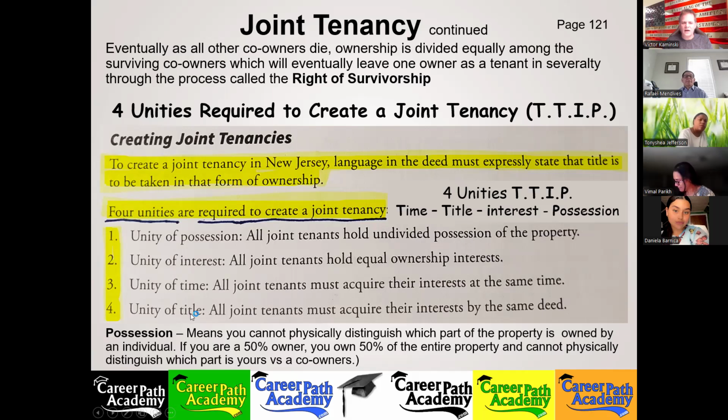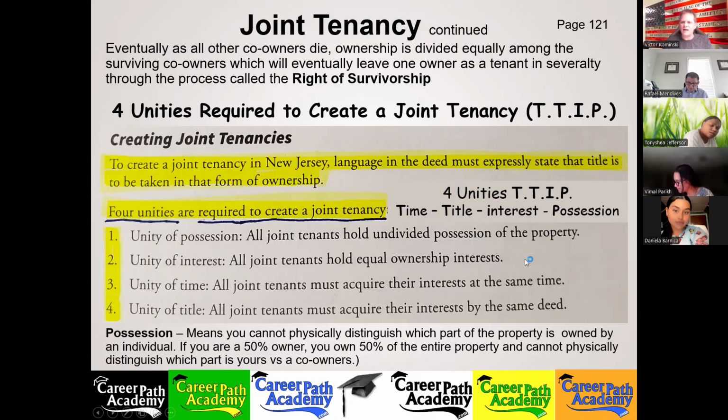The unity of time. All joint tenants must acquire their interest at the same time. The unity of title. All joint tenants must acquire their interest using the same deed to convey that interest. The unity of interest. All joint tenants hold equal ownership interest. You can't have one that's 25% owner and one that's 75%.